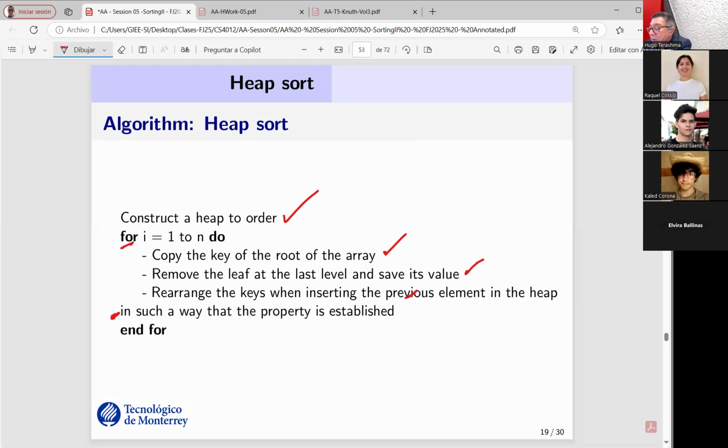Rearrange the heap when inserting the previous element in such a way that the property is established. So do you think that this algorithm shows what the heap sort is doing? Do you understand the two phases? One is to construct and the other is to construct the ordering, basically, right? Through a cycle here.